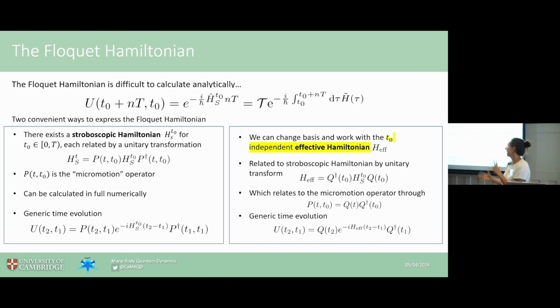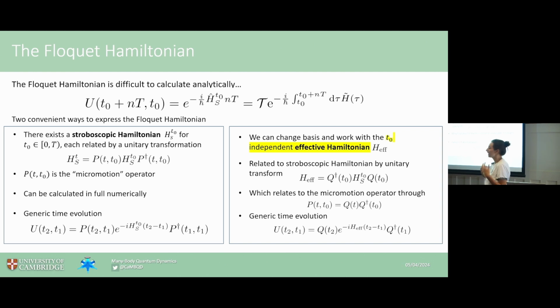And so now just to get into the machinery that we use to study these Floquet stroboscopic Hamiltonians under different driving conditions. It turns out that these Floquet Hamiltonians are very difficult to calculate analytically because they involve time-ordered integrals of Hamiltonians that don't commute with each other.